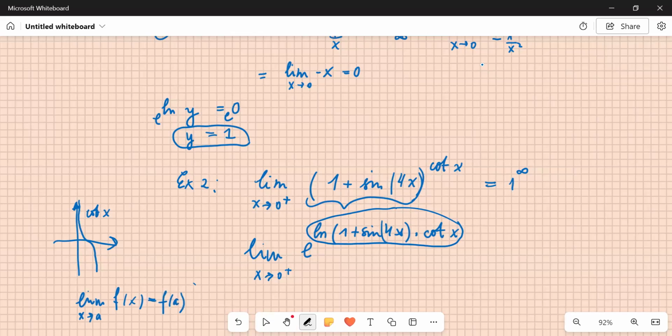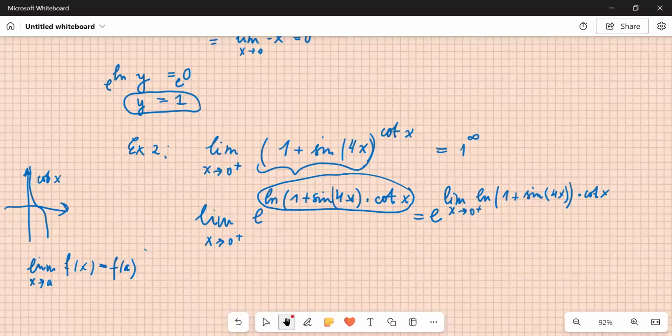We are using this fact when we move the limit from the bottom to the top. So we can just find the limit of the argument and plug it in here. So we have e to the power of the limit of ln of 1 plus sine of 4x, multiplied by cotangent of x, as x approaches 0 plus.